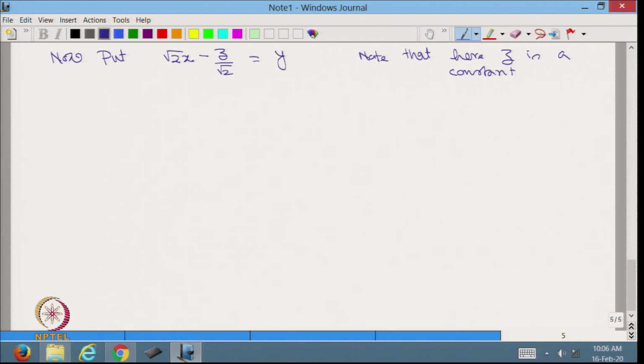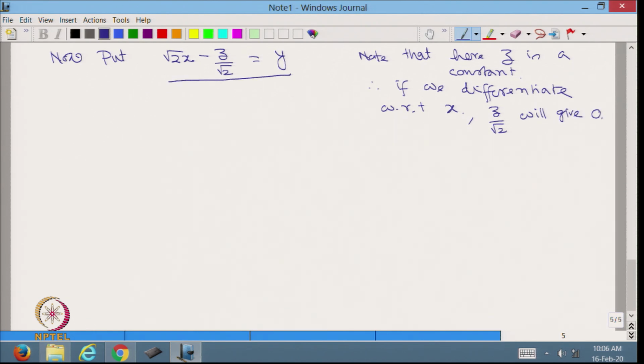Therefore, if we differentiate with respect to x, z by root 2 will give 0.